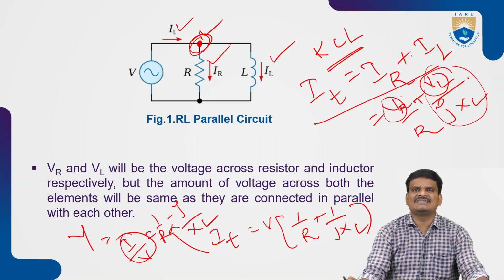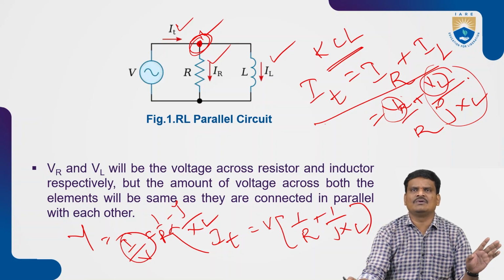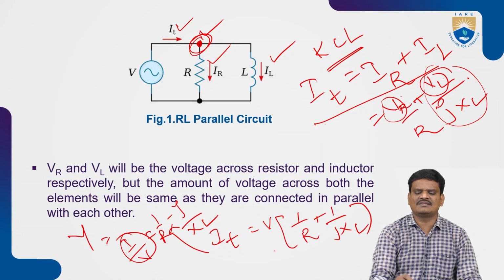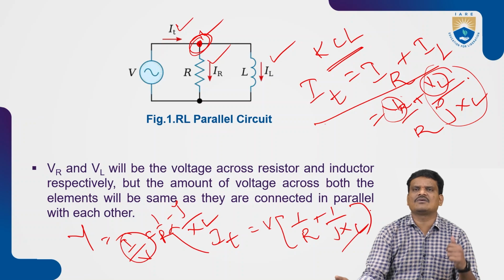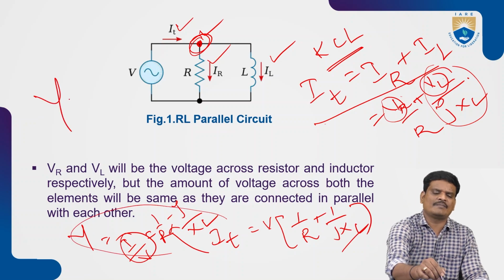But as it is a parallel branch circuit, the voltage across each element will be the same, that is, VR equal to VL equal to V. So I replace VR and VL with V in the next step and take the common parameter, I by V. In general, it is the formula to represent the admittance of a given circuit.